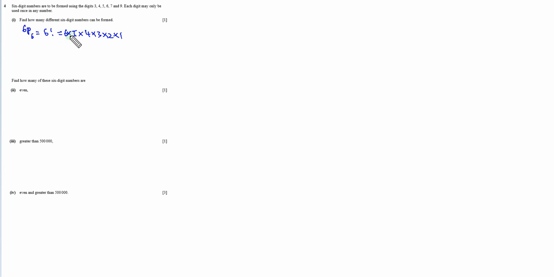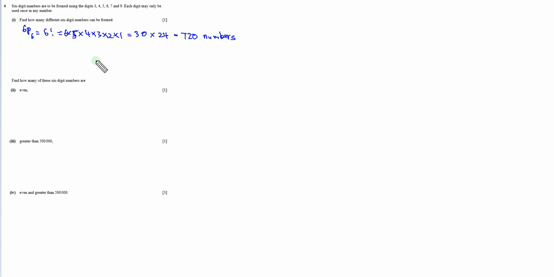Now 6 times 5 gives you 30. Then you have 4 times 3 times 2, which gives you 24, and this will give you 720. There are altogether 720 numbers that you can form.